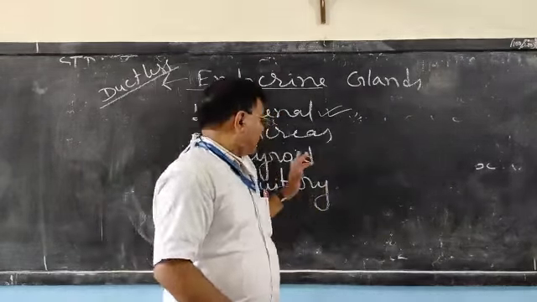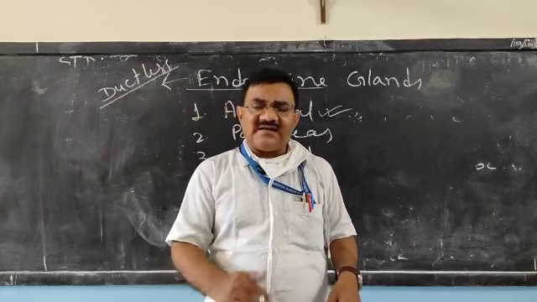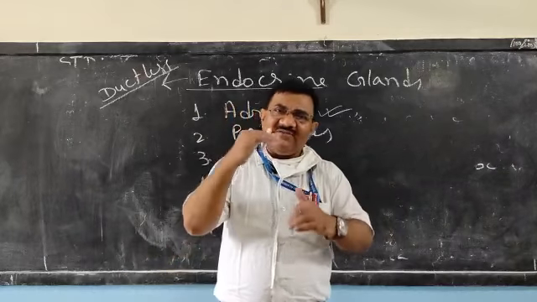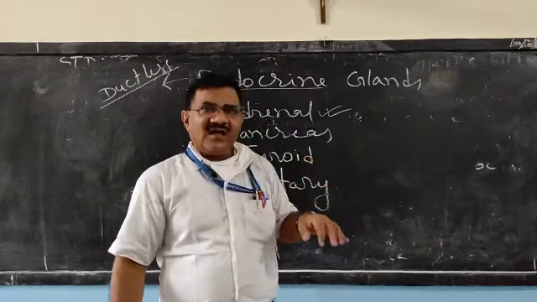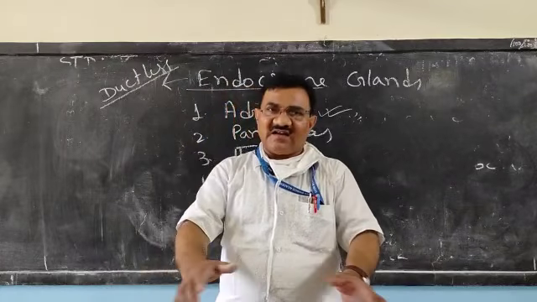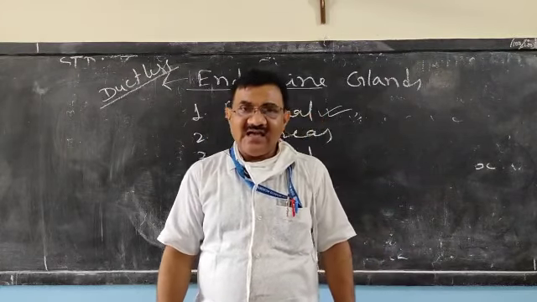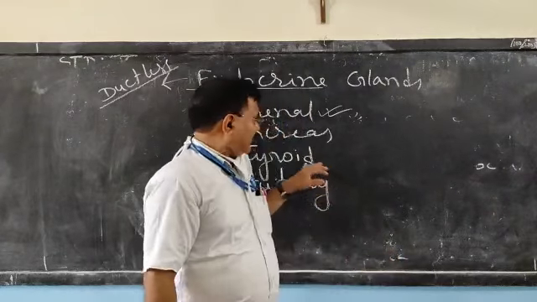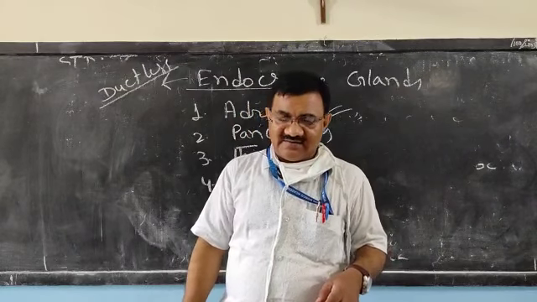And in theory, one very important question is there: the people who are living in hilly areas suffer from simple goiter because there the soil lacks iodine. That is the answer. And older people feel cold because a lesser amount of thyroxine is secreted by the thyroid gland.